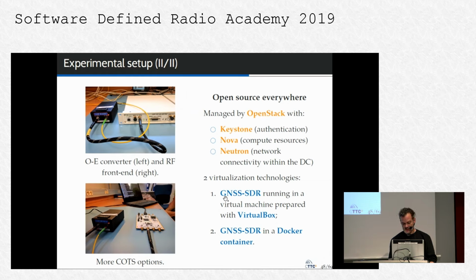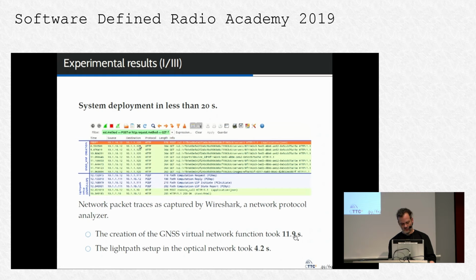We see that we can actually make a system deployment, so we can deploy this service in a real network in less than 20 seconds. The creation of the virtual network took 12 seconds, and the light path setup of the optical network took 4 seconds, which is pretty fast.